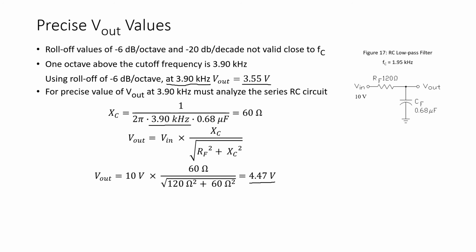And again, using the stated roll-off of 6 dB per octave, note that I obtained a value of 3.55 volts, and analyzing the circuit as a series RC circuit, I obtained an output voltage of 4.47 volts. So using the stated roll-off values allows us to get a fairly good approximation of the output voltage. But for precise values of the output voltage, I have to analyze the circuit.